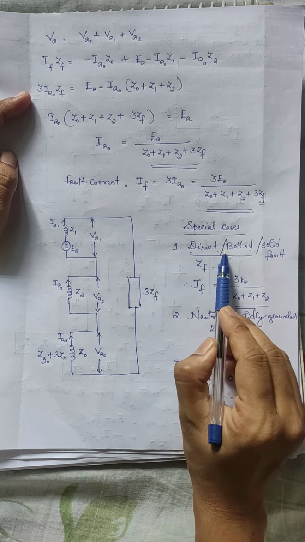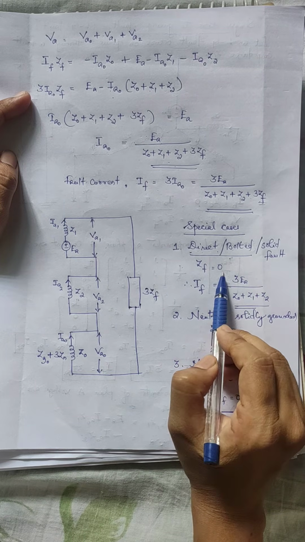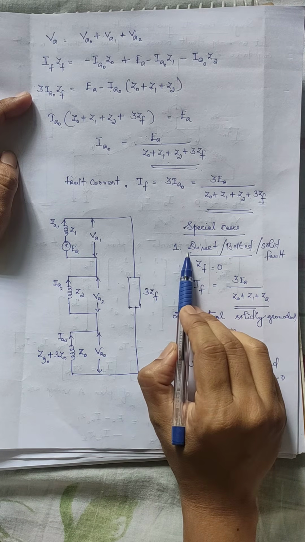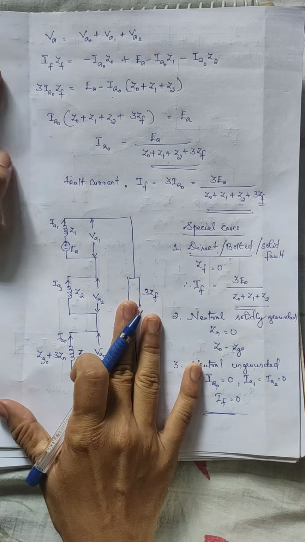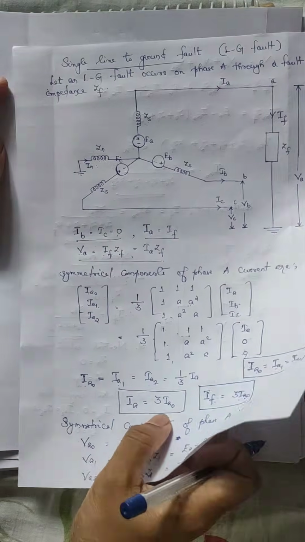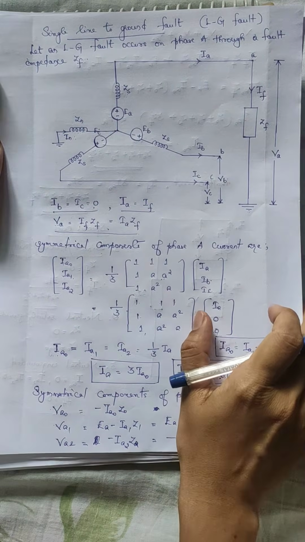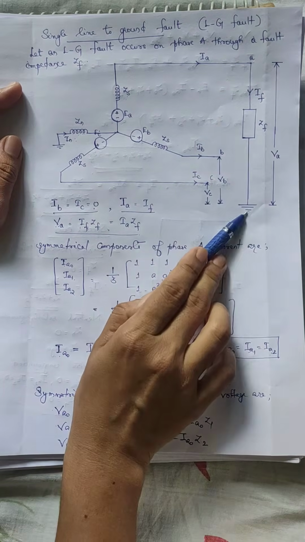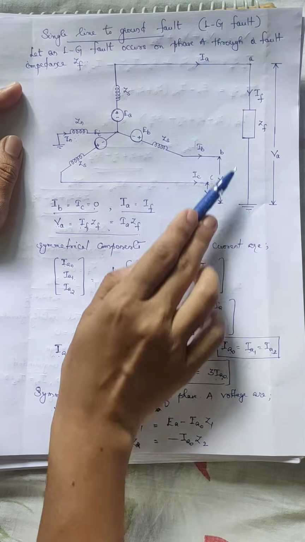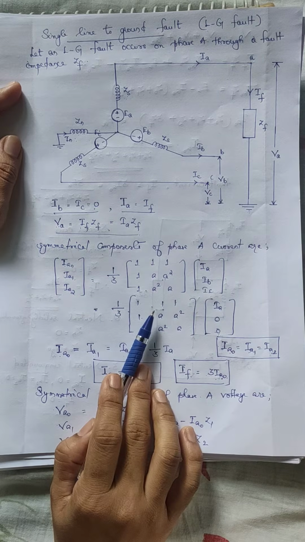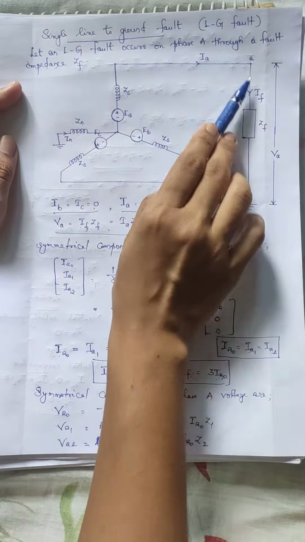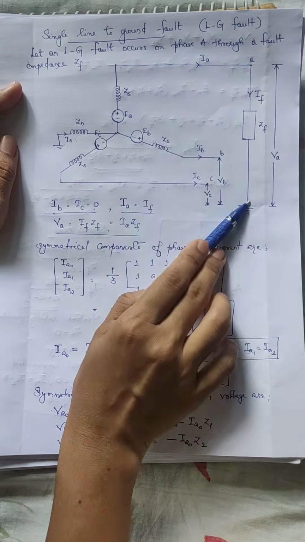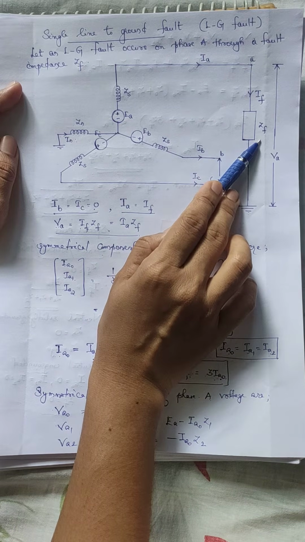In case of a direct short circuit, ZF is 0, directly short circuited. There is a chance for this derivation to be asked: derive the equation for fault current in case of a direct short circuit between one of the phases of an alternator and the ground. While deriving, we have to show a direct short circuit. ZF should not be shown here.